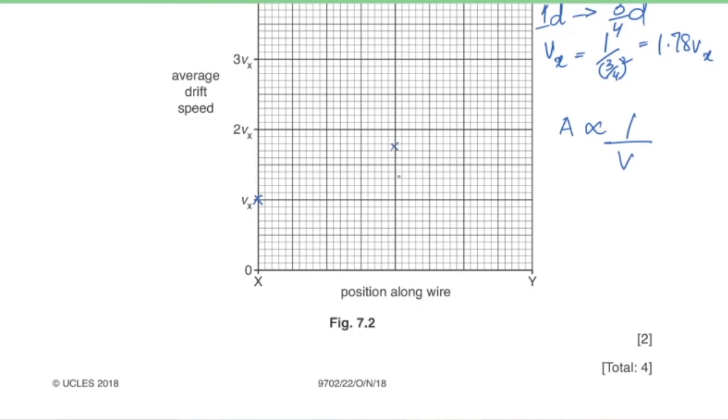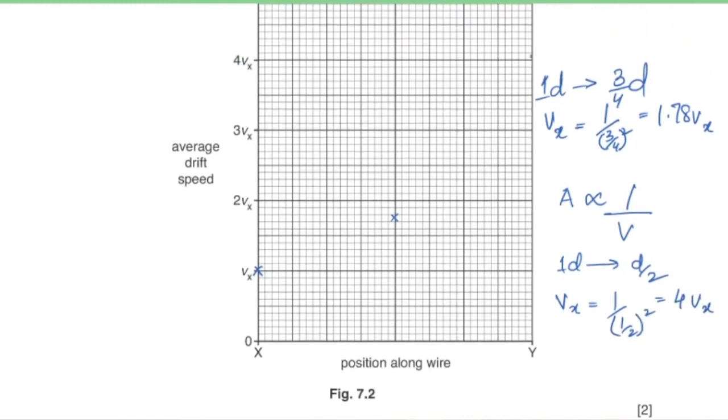That lies somewhere here maybe. Now when 1D decreases to half of that, our new Vx is going to be 1 by half the whole square. That leaves us with 4 Vx. So at position Y, we are going to have 4 times of Vx, which lies here. So we are going to have an increasing gradient with a slope.